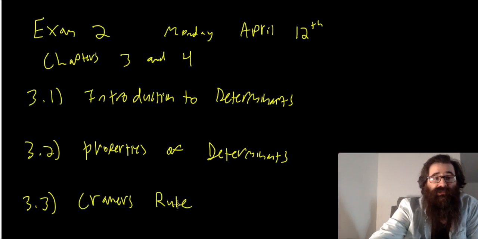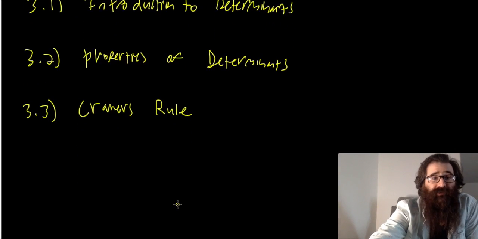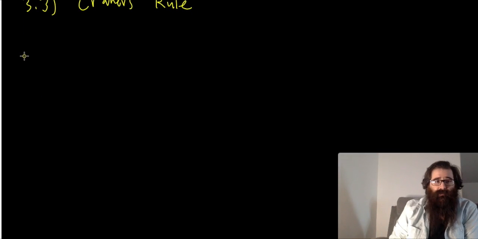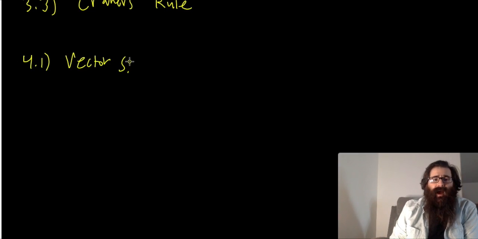And that was actually it for chapter 3, which brought us into chapter 4. We had 4.1 on vector spaces and subspaces.